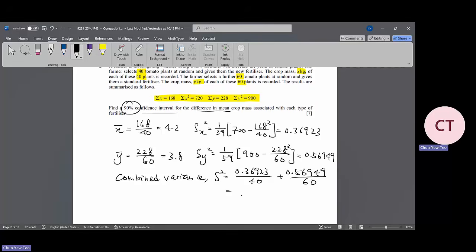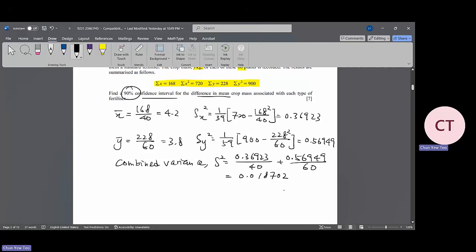Again, use a calculator. You will get this as 0.018702, no, not 02, 22. So this is the combined variance.